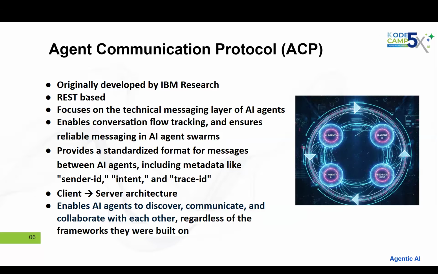With ACP, they can communicate with each other without the issues that would arise from implementation differences. So essentially, ACP standardizes the communication channels and mechanisms between agents. Any question?